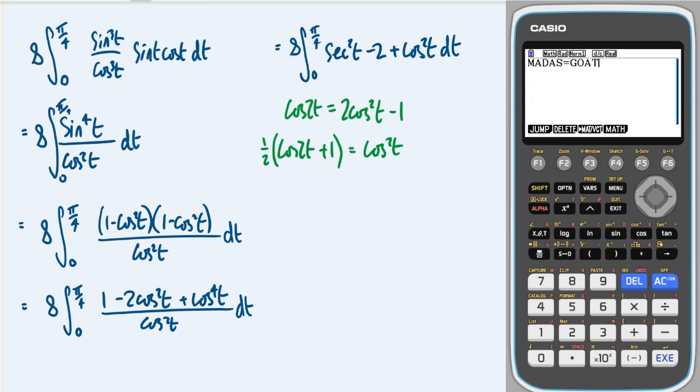So I can now integrate sec squared t minus 2, and this will be the same as plus 1/2 cos 2t plus 1/2.